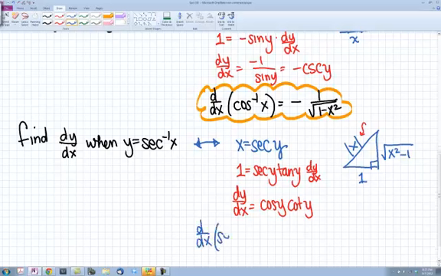The derivative of inverse secant x is cosine of y. Oops, I forgot to label my triangle with an angle y. So cosine is 1 over the hypotenuse, which is the absolute value of x. And then cotangent is adjacent over opposite, which is 1 over the square root of x squared minus 1.